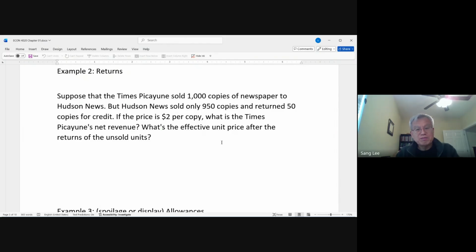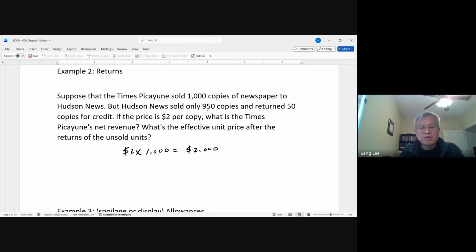So in this example, you initially sold 1,000 copies of a newspaper, and you charged $2. So what does that mean? Let me go to draw here. Initially the price was $2, and you sold 1,000 copies, so you received $2,000.